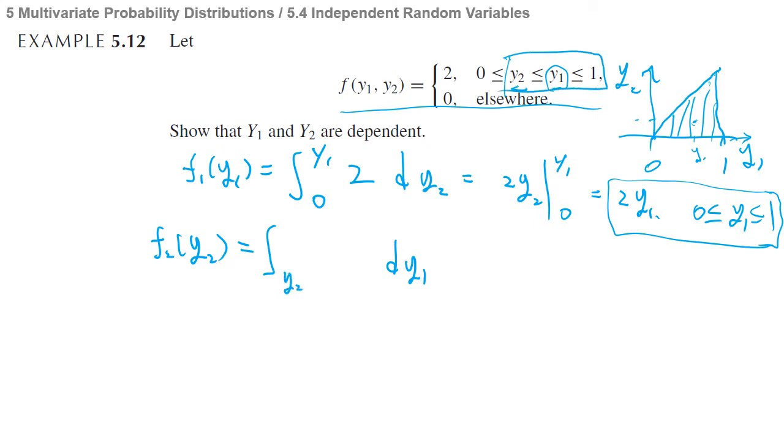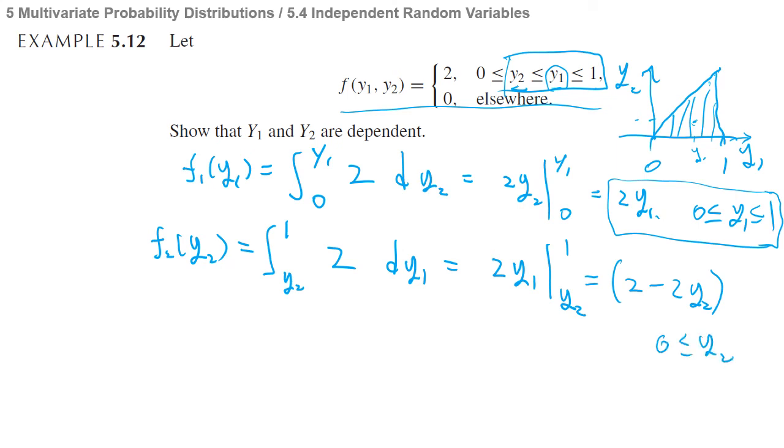So from y2 to 1 of 2 dy1, which gives 2y1 from y2 to 1, and so this is 2 minus 2y2, and y2 is from 0 to 1.